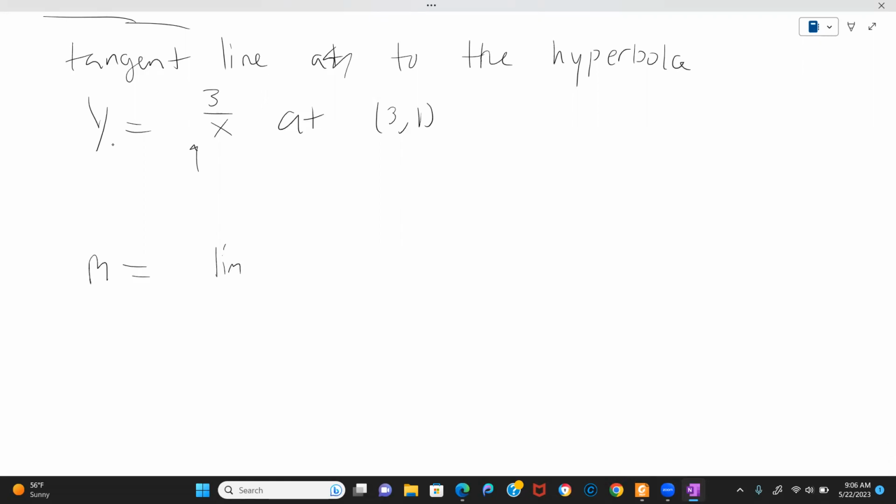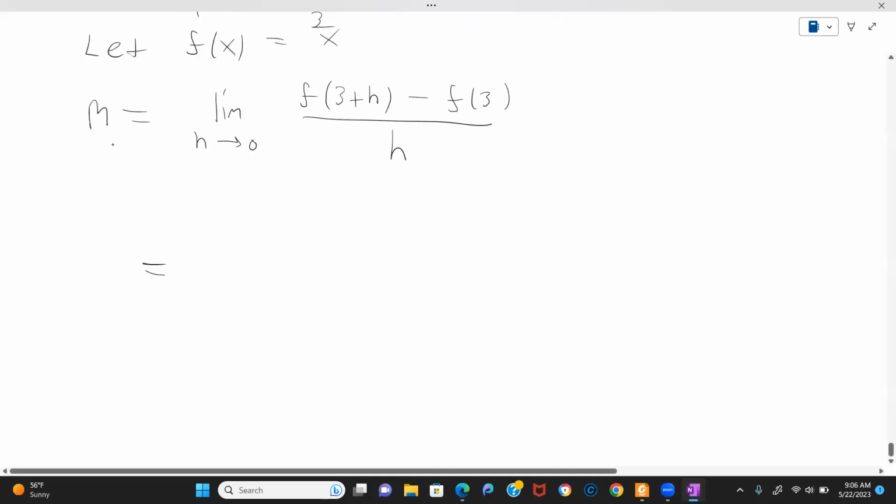It's going to be the limit as h goes to 0 of, so first of all, let f of x describe this curve. So it's going to be 3 over x. So we're taking the limit to find the slope. We're taking the limit of f of 3 plus h minus f of 3 divided by h, and then we do some substitution.